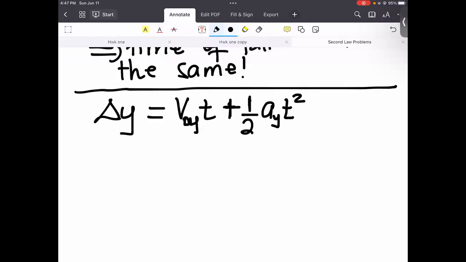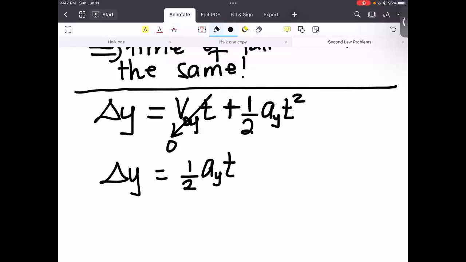And when the initial velocity is 0, this part goes to 0, and you end up with the distance fallen, change in y, equal to 1/2 a_y times time squared, acceleration in the y direction.